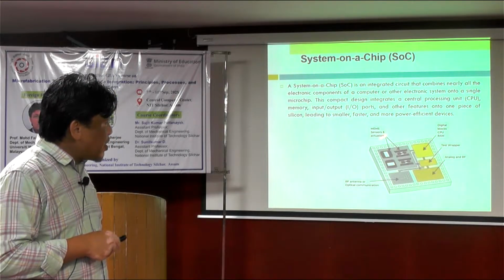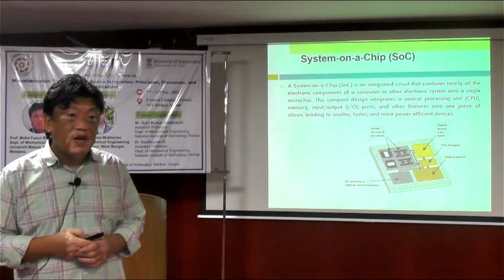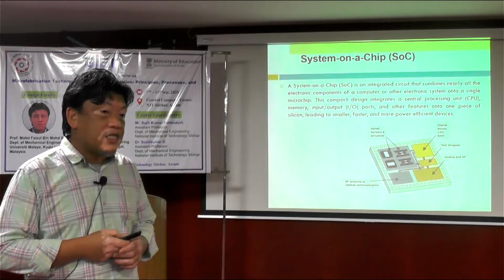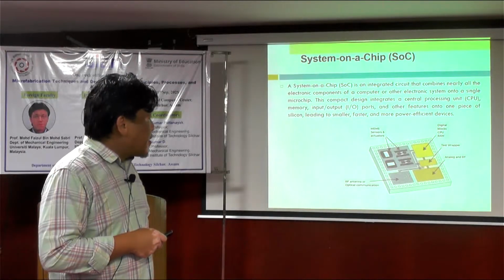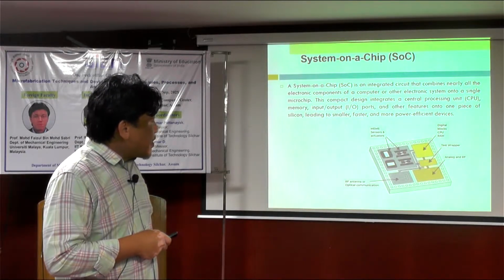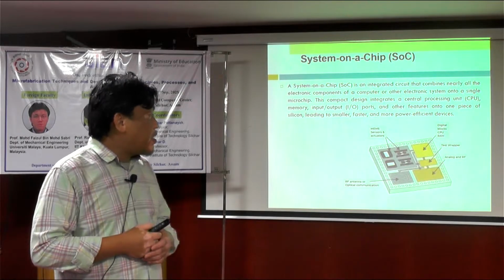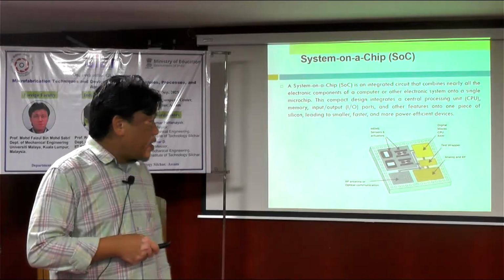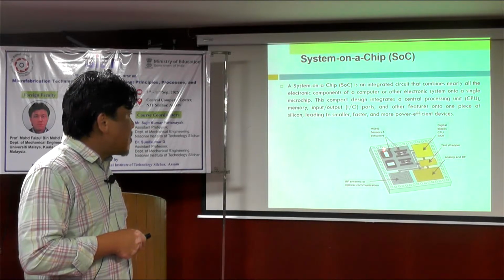So we know that if we compact everything together, we have a small device, instead of requiring wire bonding or other connecting wiring, or connecting using soldering, etc. That might make the device become bigger.